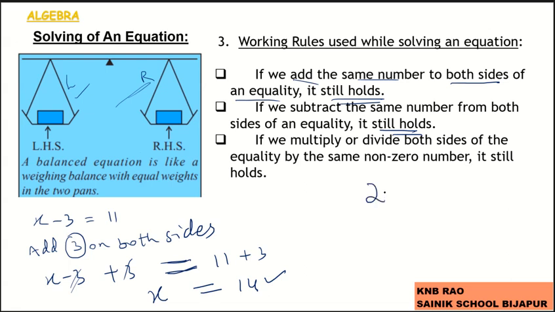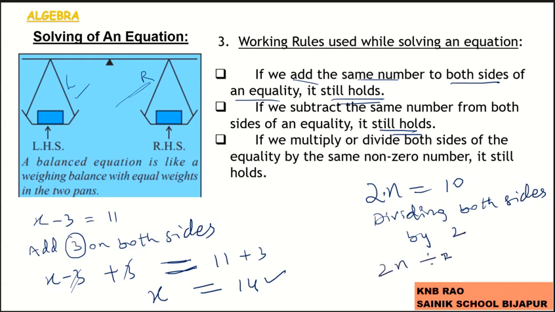For example, I have 2n equals 10. Here 2 is multiplying n. Dividing both sides by 2, that means 2 into n divided by 2 equals 10 divided by 2. 10 divided by 2 gives you 5. 2n divided by 2 gives you n, as the 2 cancels.